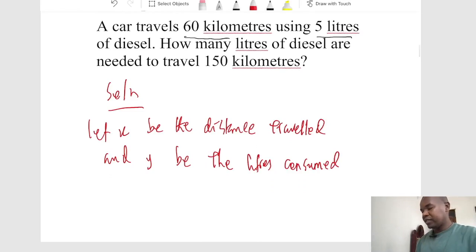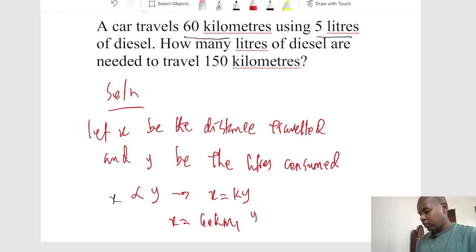So how is distance related to liters? Of course, x is directly proportional to y. The relationship between x and y is such that x equals ky. First of all, we were given x equals 60 kilometers, while y equals 5 liters.